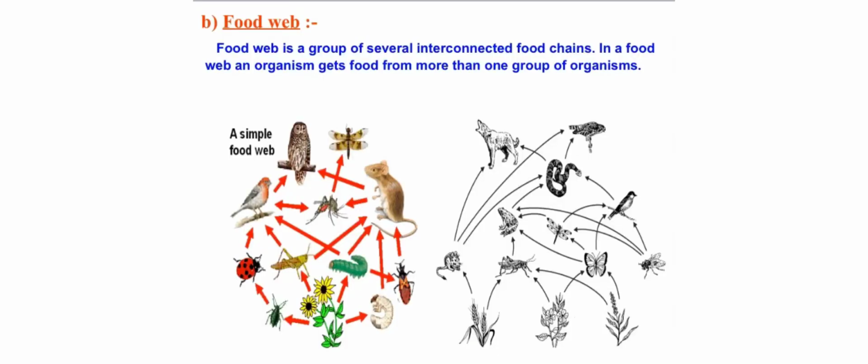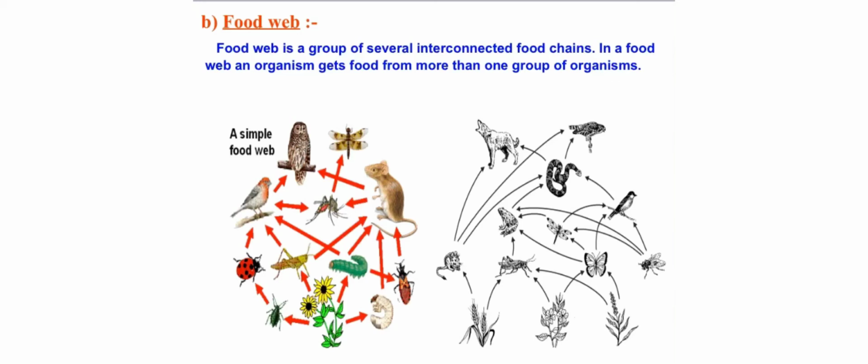Next is food web. A food web is a group of several interconnected food chains, which means that in a food web, different kinds of food chains are connected with each other. In a food web, an organism gets food from more than one group of organisms. Why?